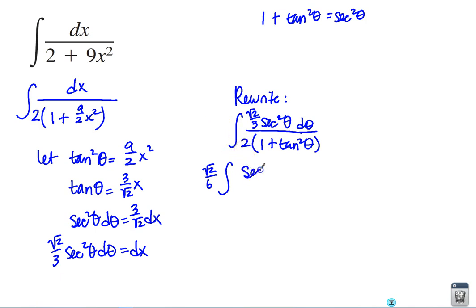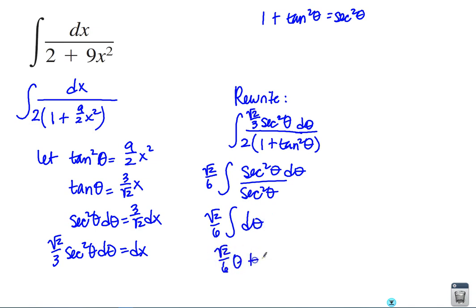So secant squared theta d theta over 1 plus tangent squared, well, that is secant squared theta. So that goes away, and this becomes root 2 over 6 times the integral of d theta, which we know that that's just root 2 over 6 theta plus c.